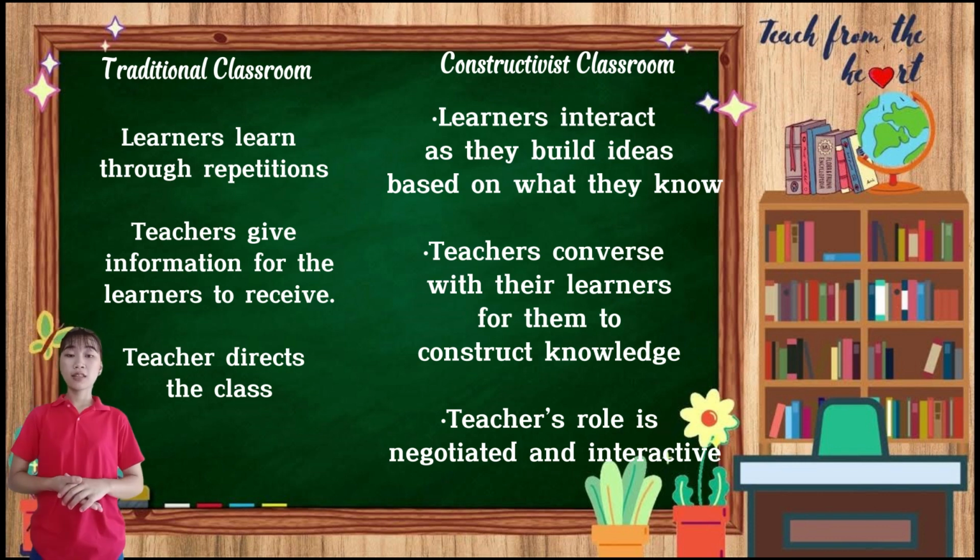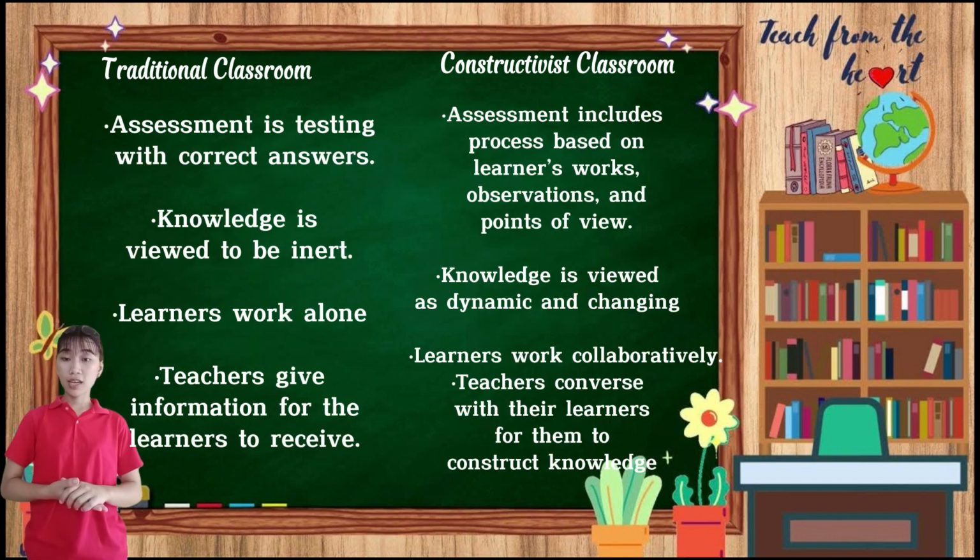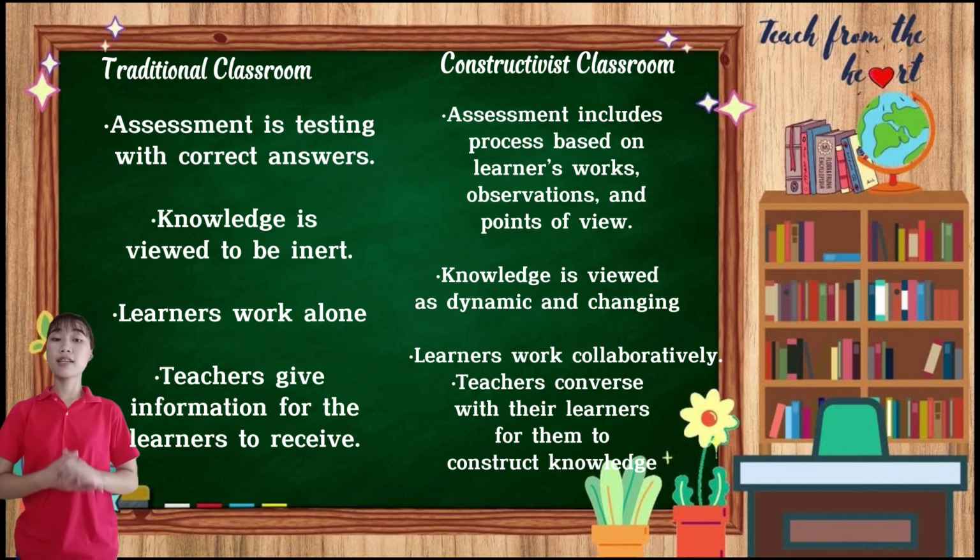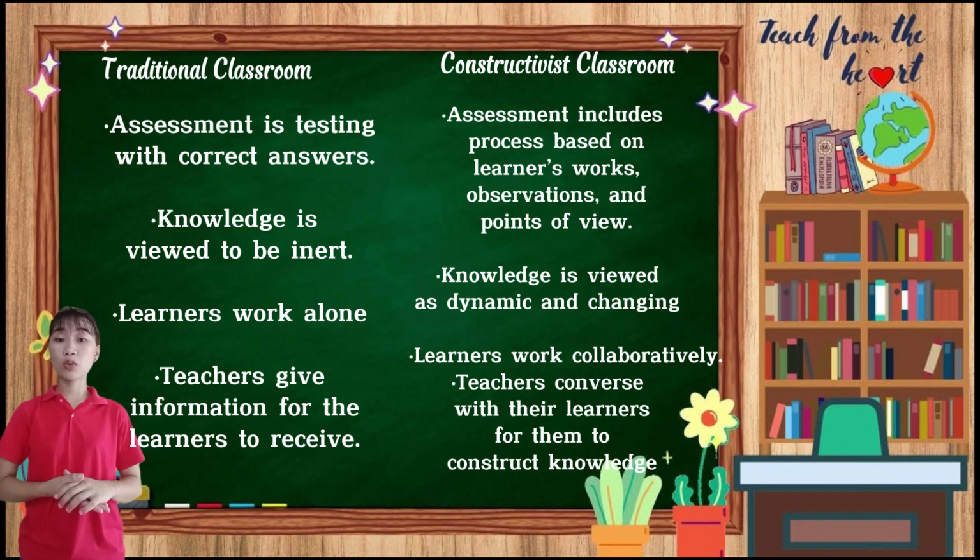Next, the teacher directs the class. Unlike in constructivist, the teacher's role is negotiated and interactive. Next, in a traditional classroom, the assessment is testing with correct answers. But in a constructivist classroom, assessment includes process based on learners' works, observations, and points of view.